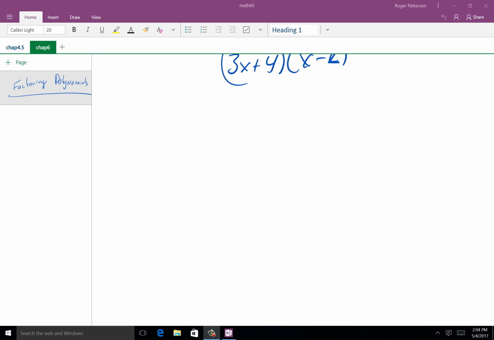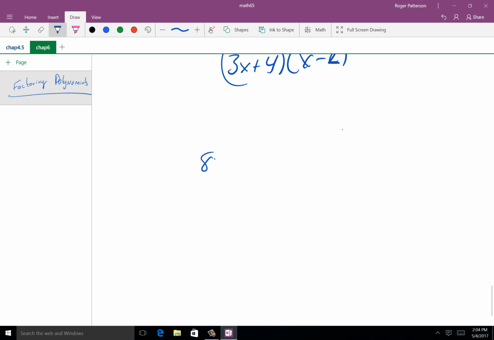Okay, so I want to do a couple more factoring by grouping problems before I move on to some different type of factoring. So I want to do one more example of this. Factoring by grouping, again, what we want to do is group the first two, group the last two, find factors that go into the first two here.